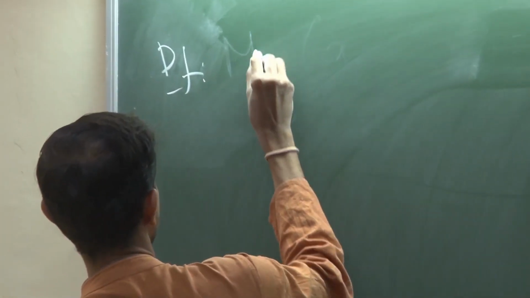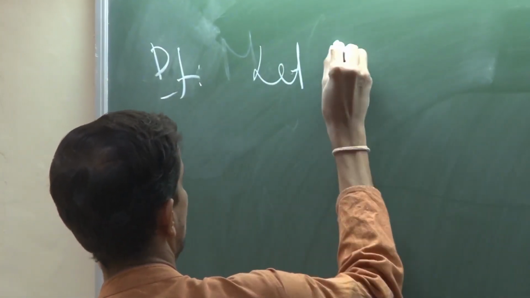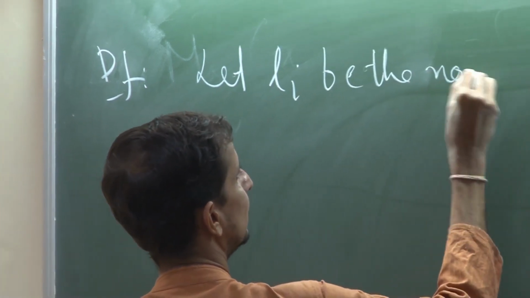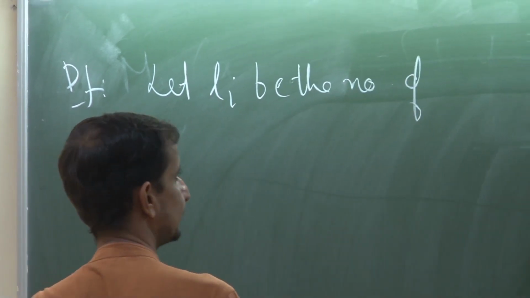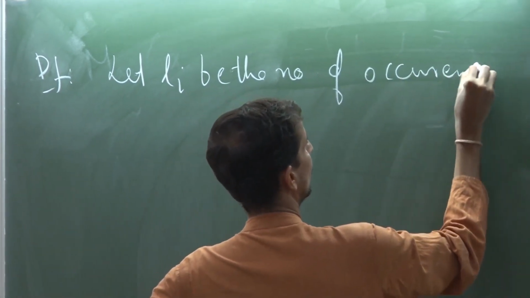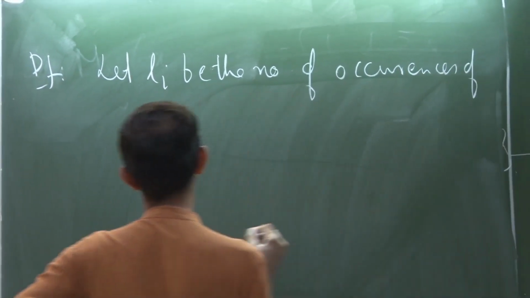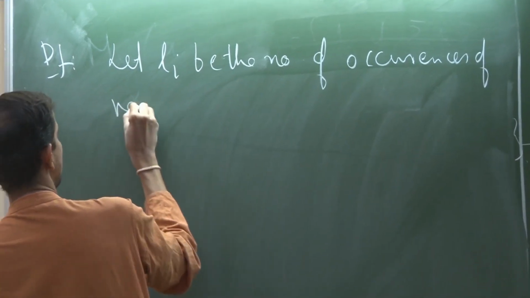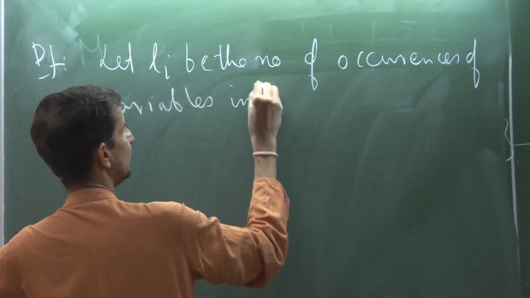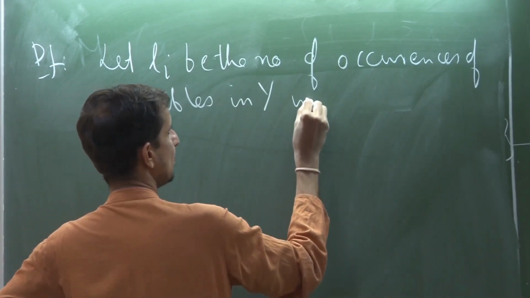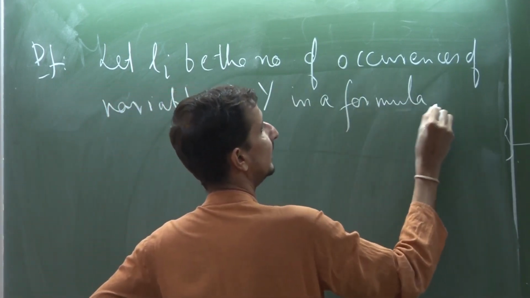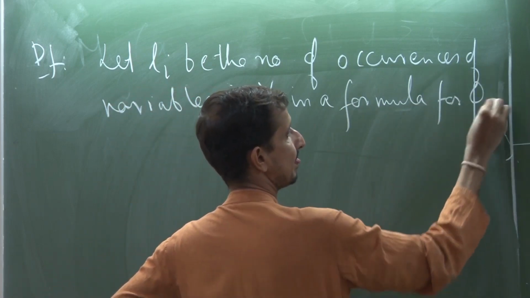So, let Li be the number of occurrences of variables in yi in a formula for phi. Okay.